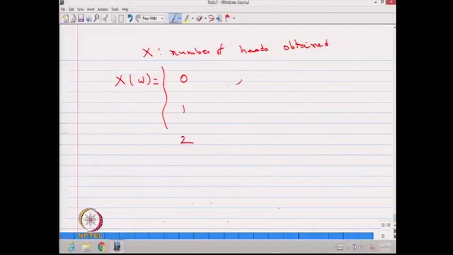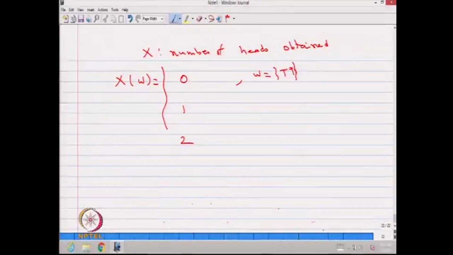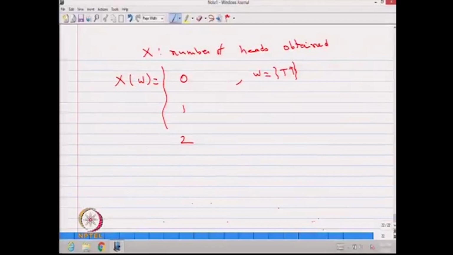You can list out which omegas will give 0, as well as 1 and 2. So for 0 both are going to be tail. Both tail will give X of omega equal to 0.